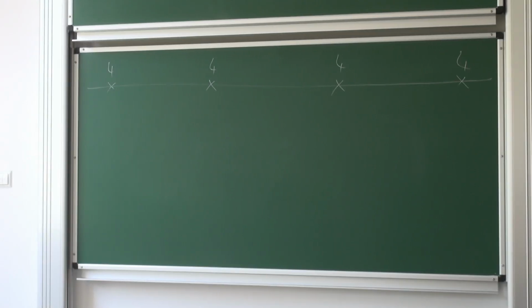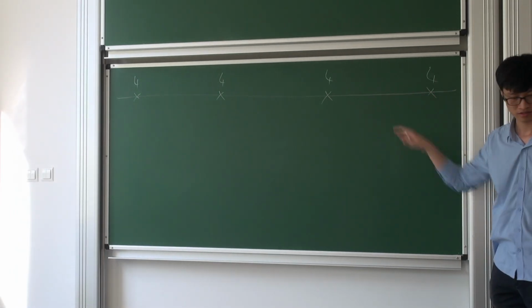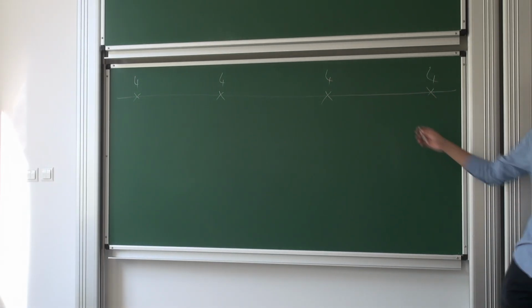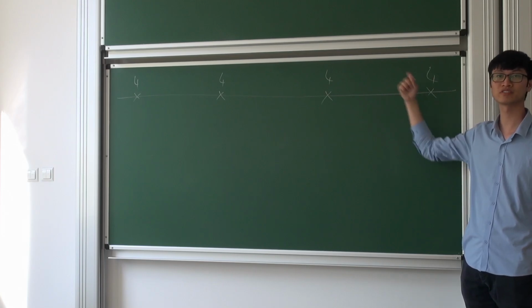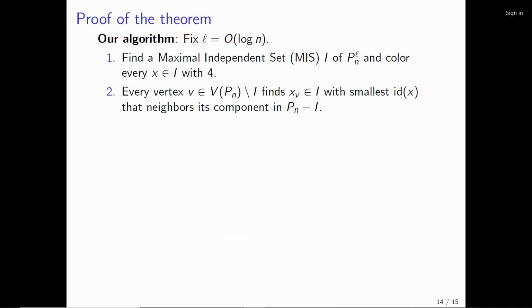Now, for every vertex in the middle, in this subpath, we just need to find one vertex to be responsible for their coloring. That's the whole idea. So, for example, let's say that this was index 44, 77, 88.